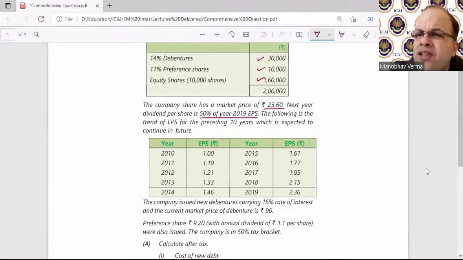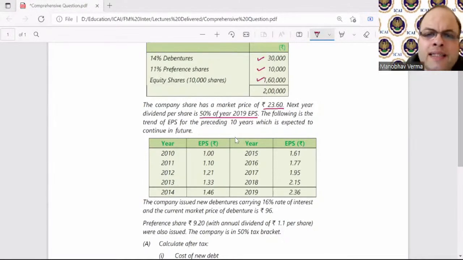Guys, does this trend tell you something? Does this trend make sense to everyone? And any particular observation?